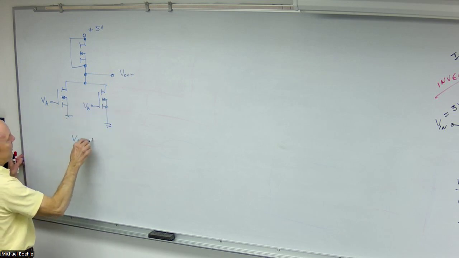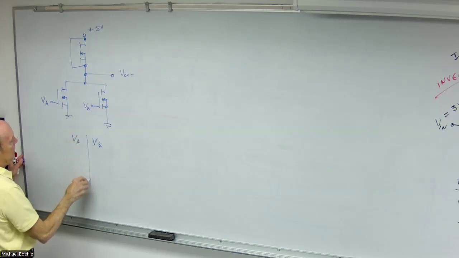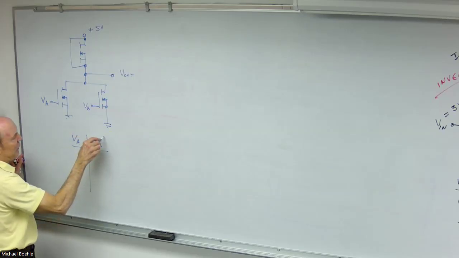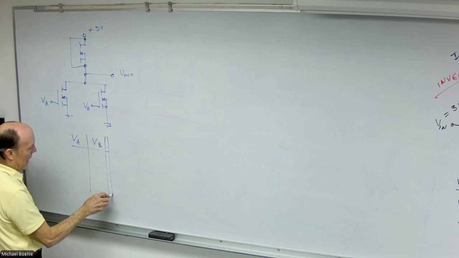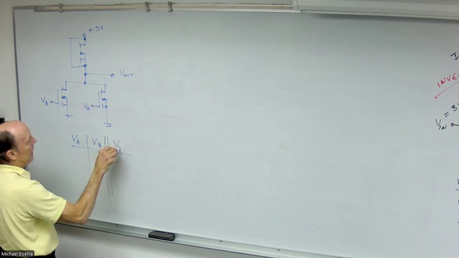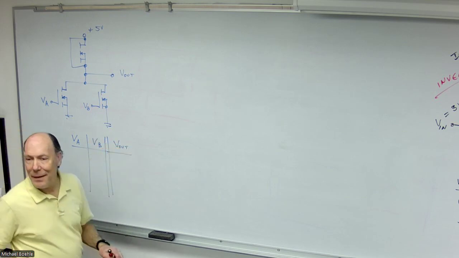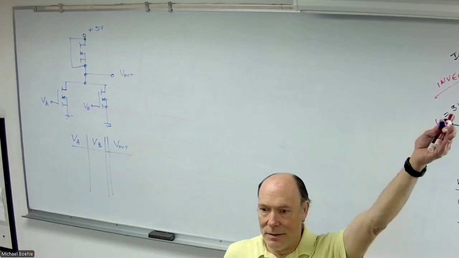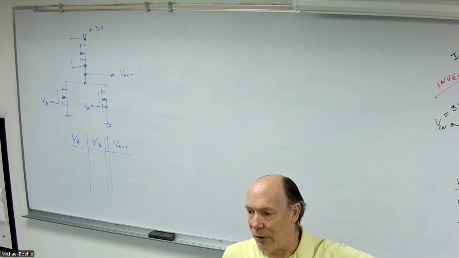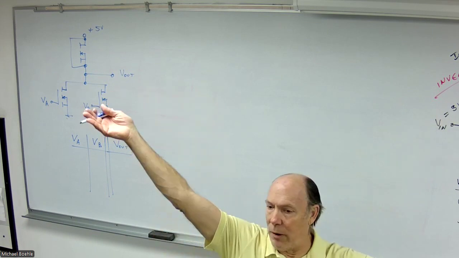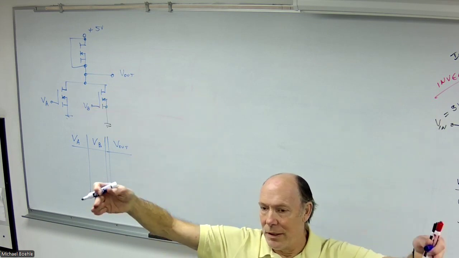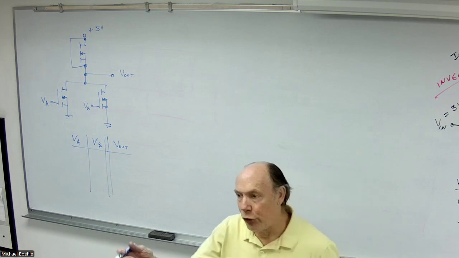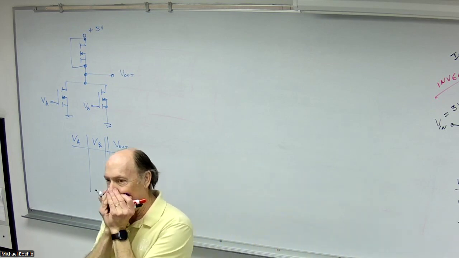So VA and VB. If I have 2 inputs, how many different configurations or combinations do I have? VA can be 0 or 5. VB can be 0 or 5. 4. Right? 2 squared. Let's go back to digital.